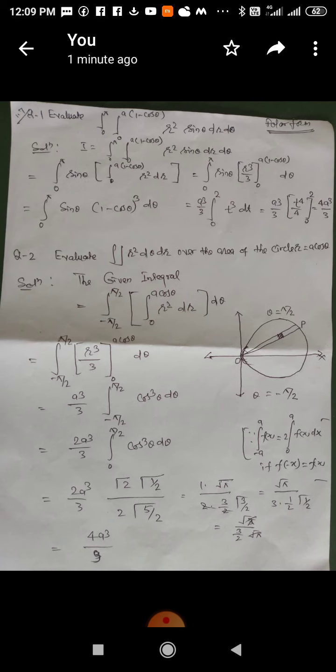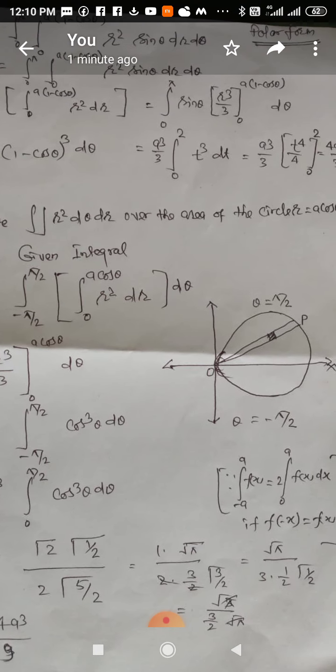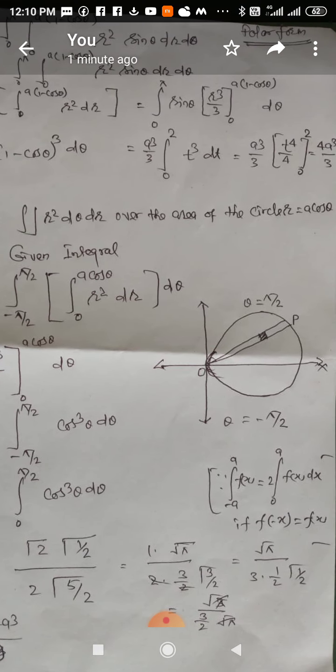This is the separation of different variables. So integrating this with respect to r, we get r cube upon 3, lower limit 0 and upper limit a(1 minus cos theta), d theta.